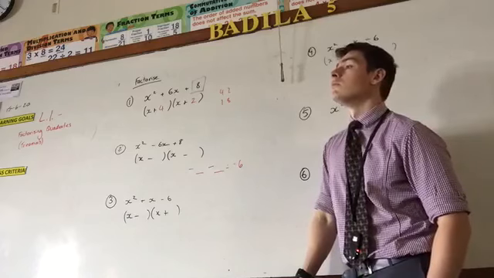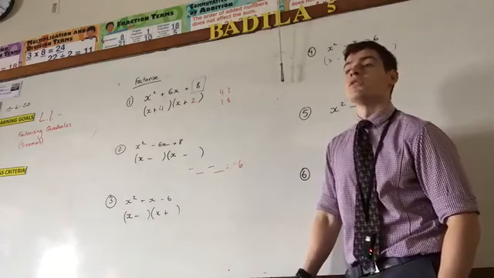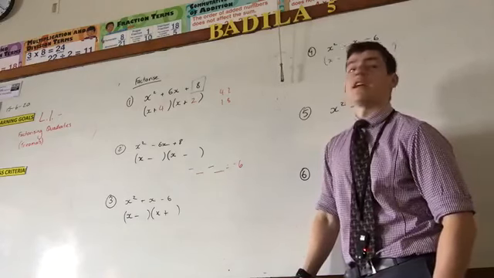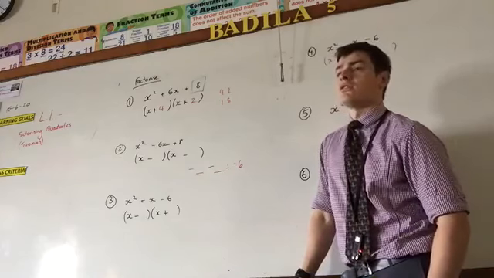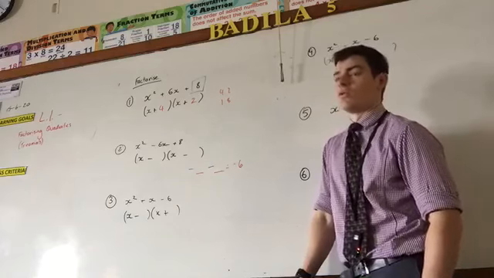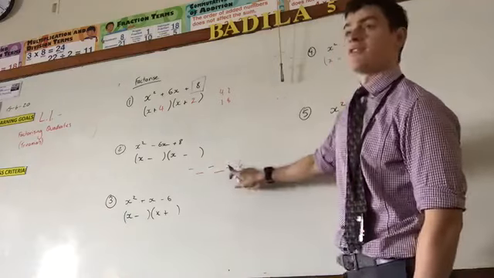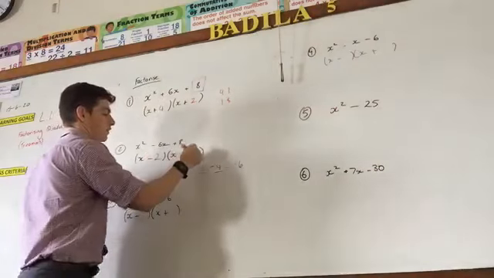Arnie, he said negative 2 minus 4. Does that make sense to you? Why does it work? Negative 2 minus negative 4 add to give us negative 6. So we'd write in 2 and 4 there.